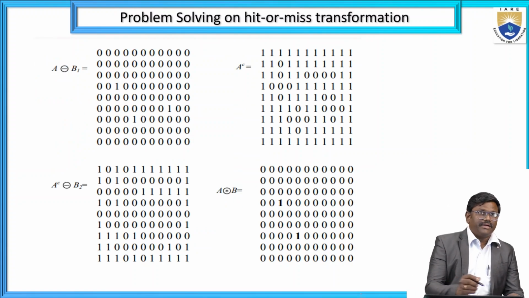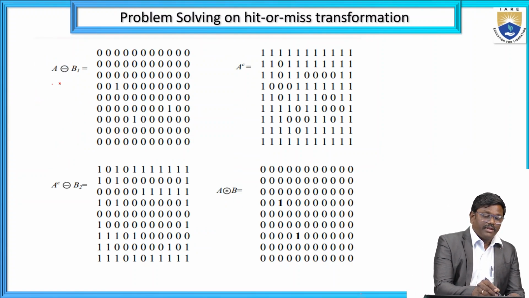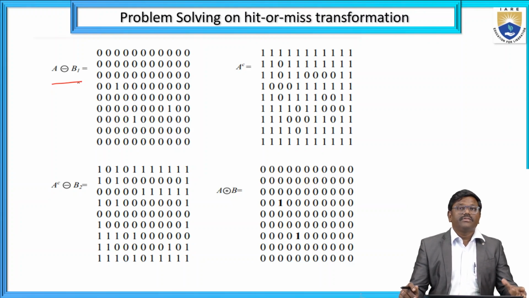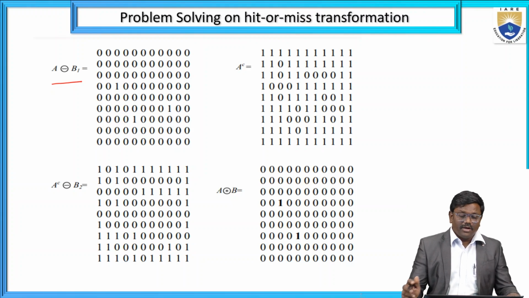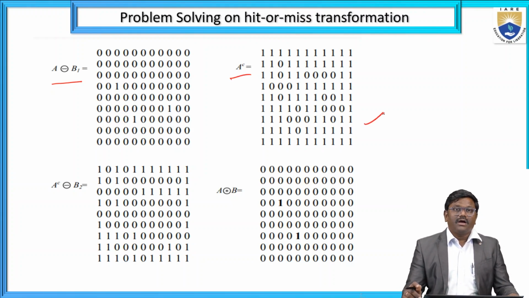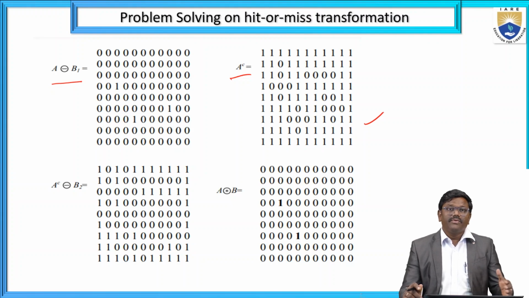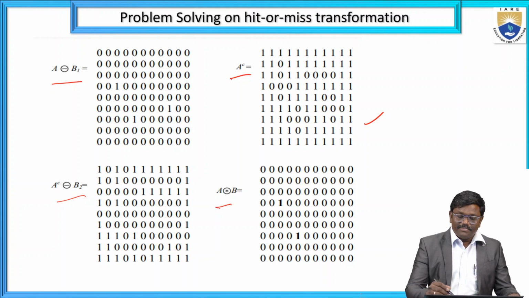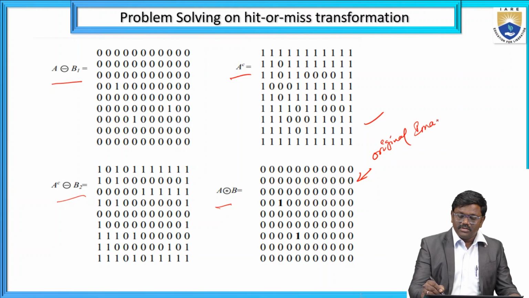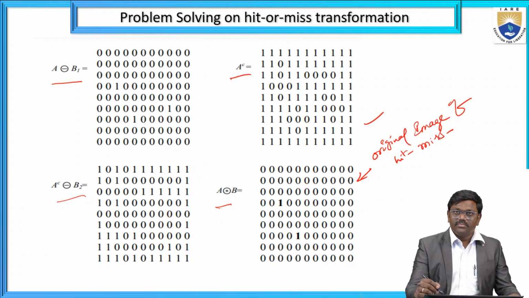So I've applied here A with B1, and we get the solution. Then the complement of A we get this, and the A complement with B2 we get this, and then A and B hit miss we compare with the original image, giving the hit miss transformation.